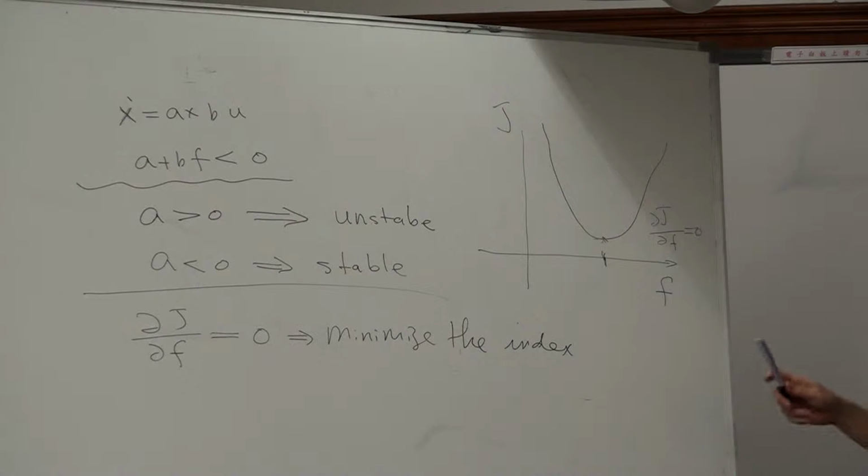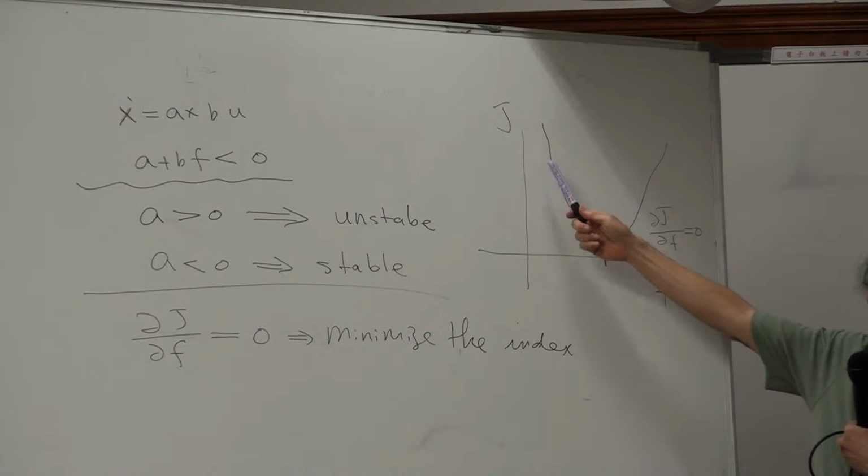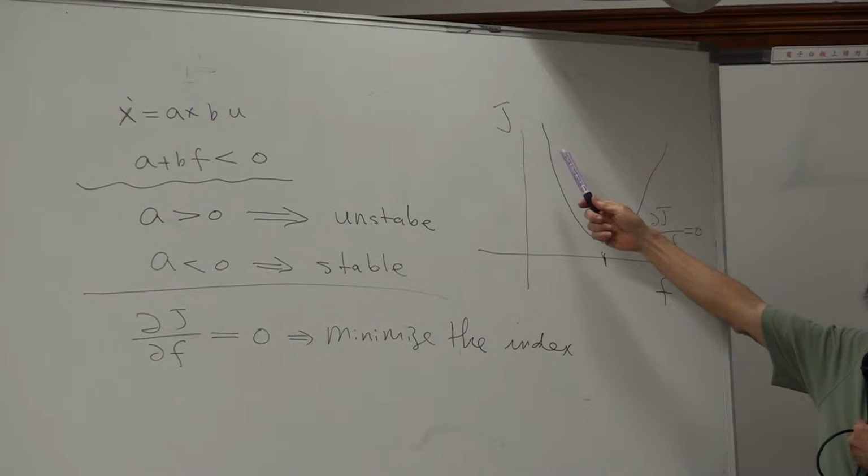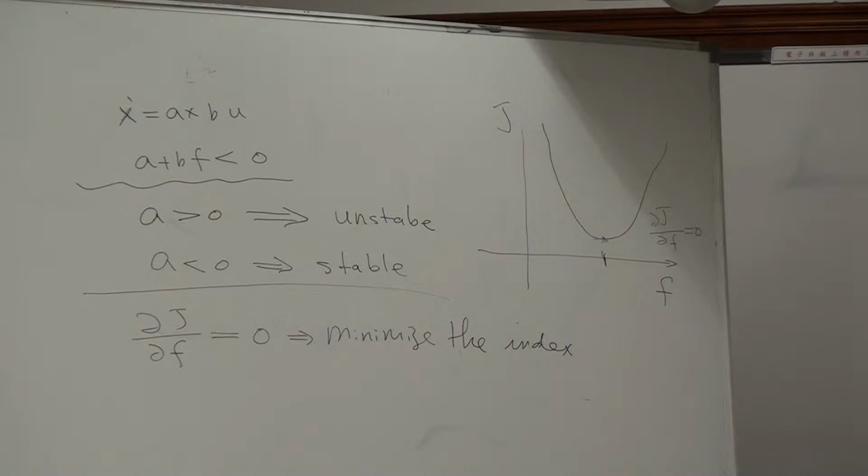Now you have to watch out. I have this one here because J cannot go negative. Can J go negative? Can system energy go negative? No. Can control energy go negative?